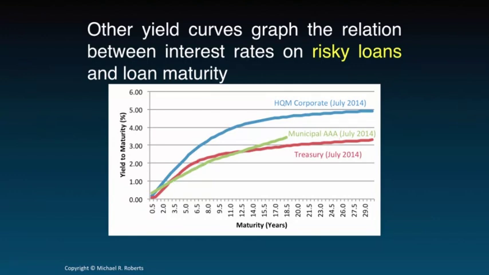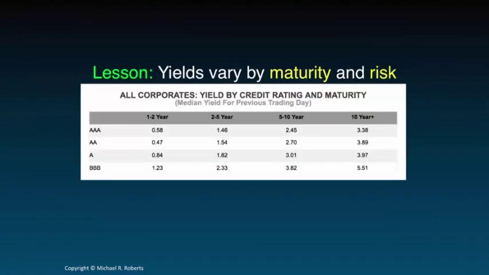Okay. All right. So what's the lesson here? Well, yields vary by maturity and risk. To illustrate that point, I'm going to look at the yields on corporate bonds. And you can see as the credit rating improves from BBB to AAA, which is the best rating, the yield goes down.